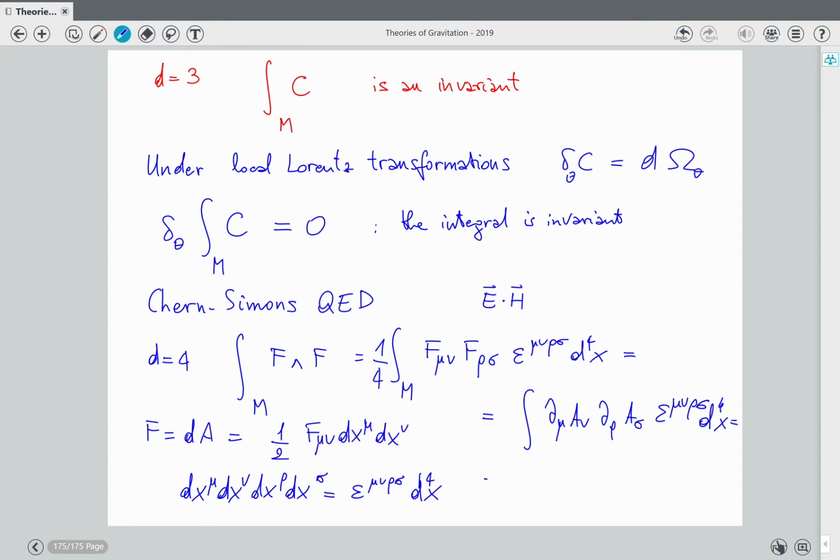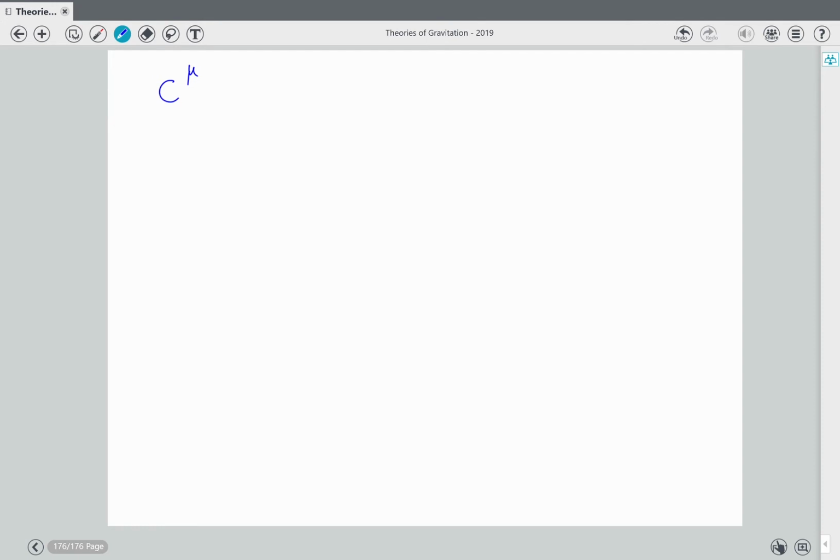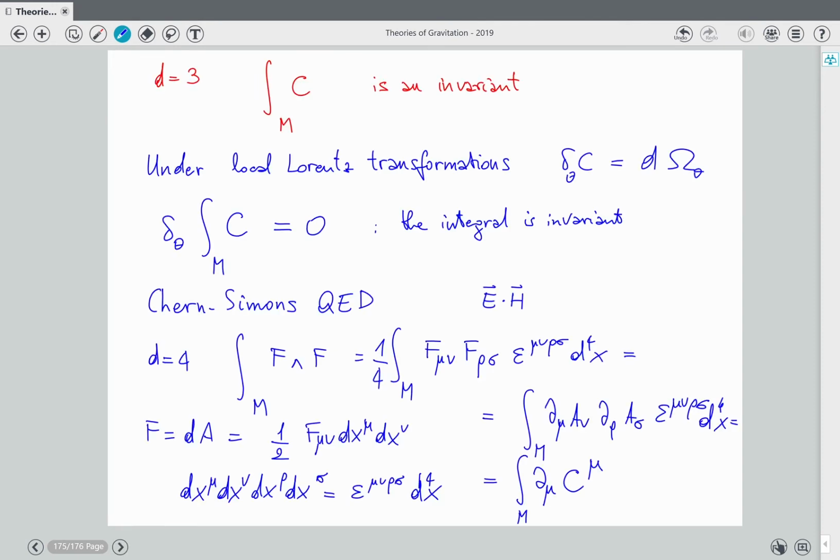And then you can check that this is a total derivative, because you can also write it as ∂_μ C^μ, where C^μ is this. So let me write what C^μ is. C^μ is ε^μνρσ A_ν ∂_ρ A_σ.